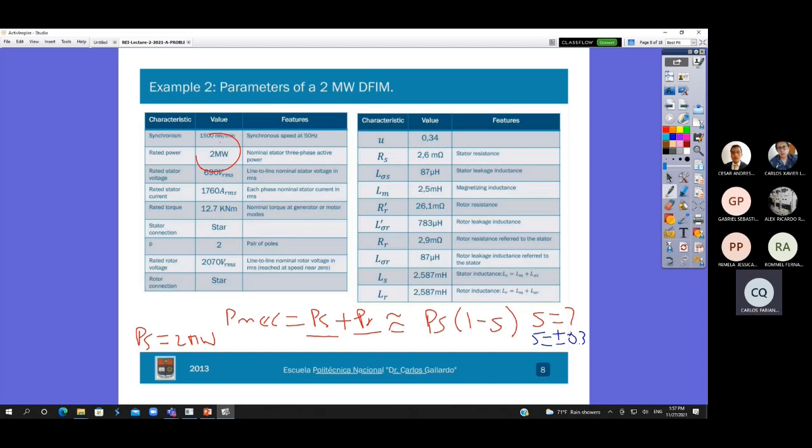So in order to compute the mechanical power, it is 2 megawatts times 1. In this case, I will take negative because I am operating in hypersynchronous mode of operation, so I will have plus 0.3. Therefore the mechanical power is 2.6 megawatts.